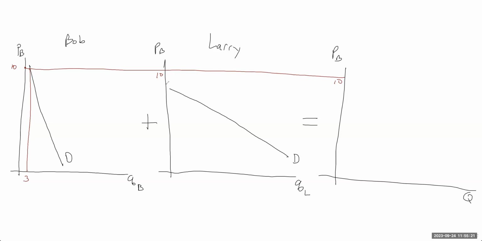Larry, he's not drinking any beer. So in the market, at the price of $10 a can, we have 3 beers demanded. Quantity demanded is 3. So we will have a point A right there. At another price, I don't know.